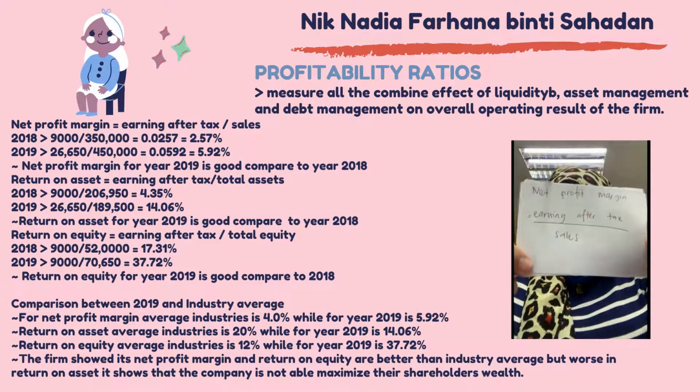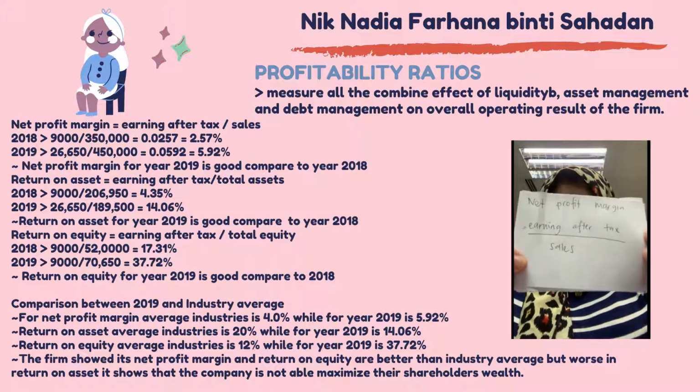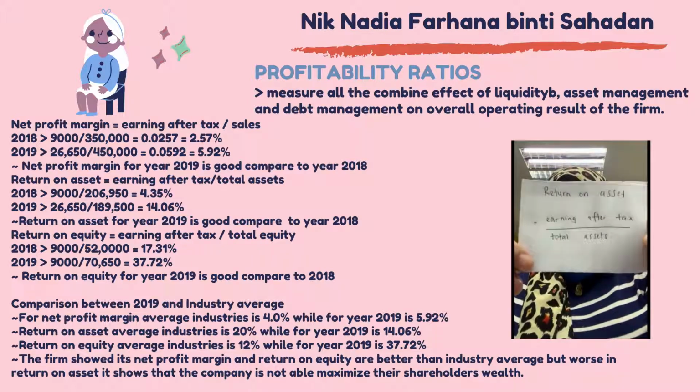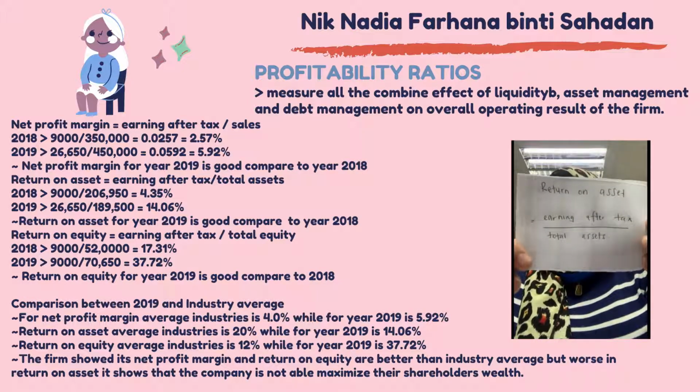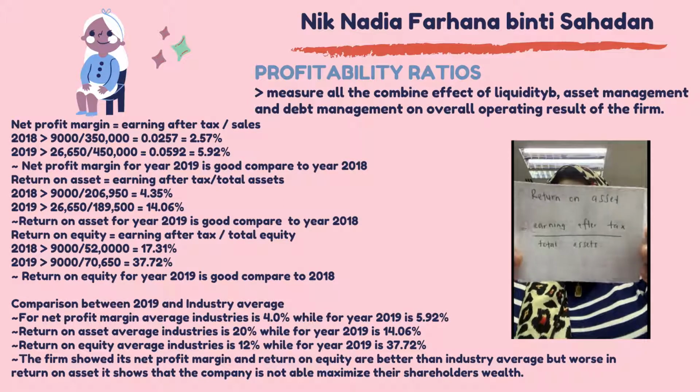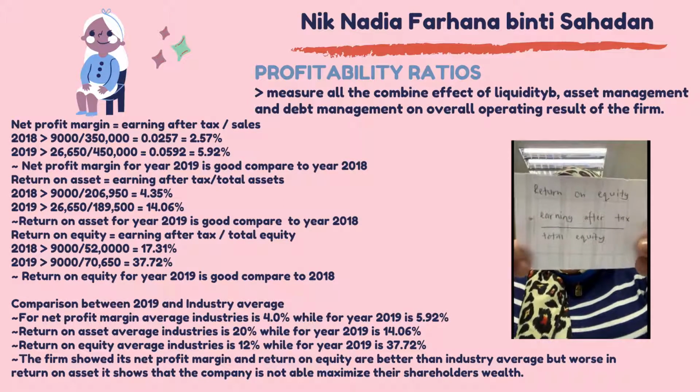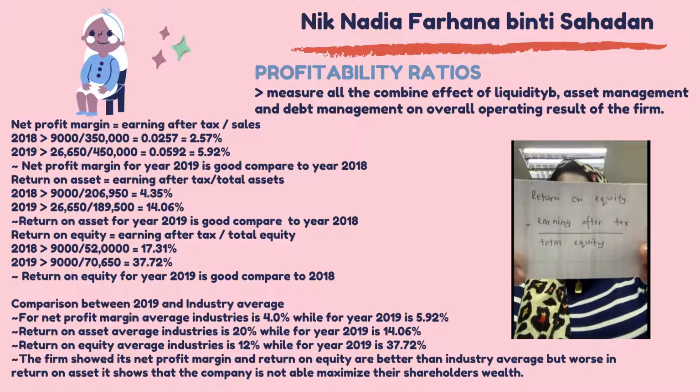Number 3 is net profit margin, earning after tax divided by sales. Return on asset is earning after tax divided by total asset. Return on equity is earning after tax divided by total equity.